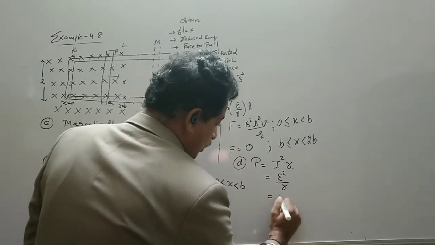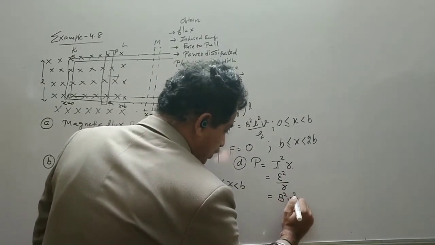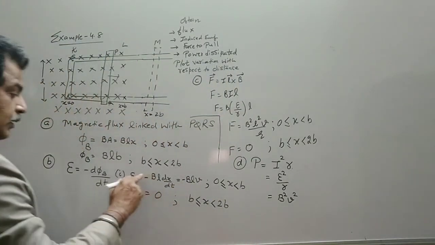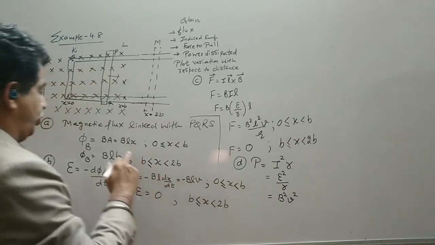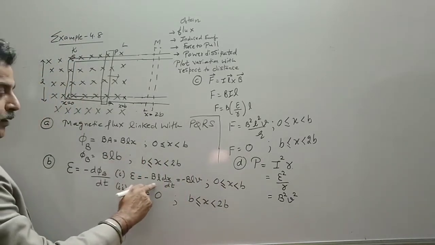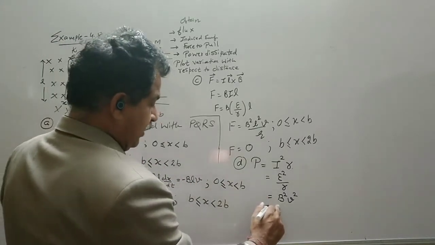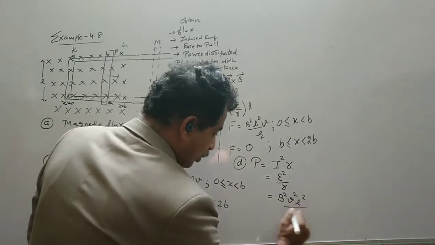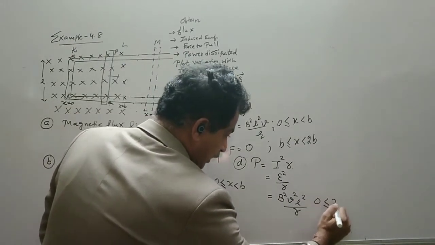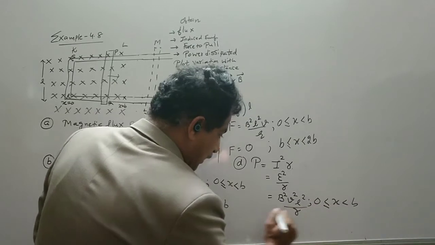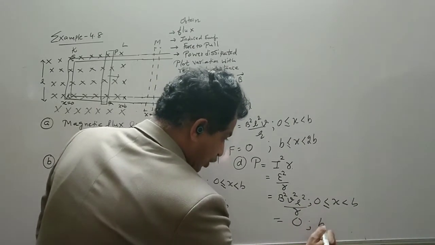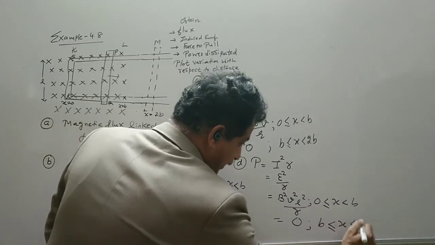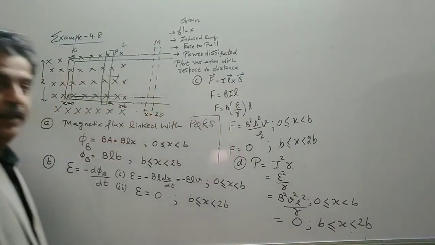So this is equal to B square V square L square upon R, since EMF induced is BLV, for 0 less than or equal to X less than B. Again it becomes 0 for B less than or equal to X less than 2B.